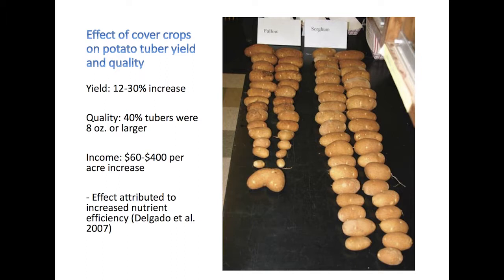This, I think, is a really exciting picture. This is the tuber yield. On the left-hand side is a fallow treatment, and on the right-hand side is a sorghum Sudan, Sudan 79. You can see that not only did it increase the number of tubers, but we have a higher quality tuber, with more marketable tubers over 8 ounces.